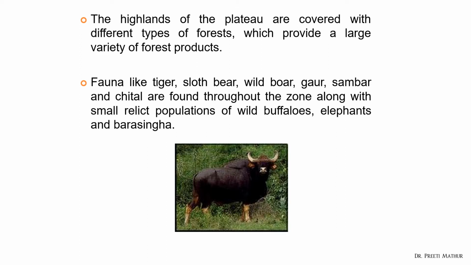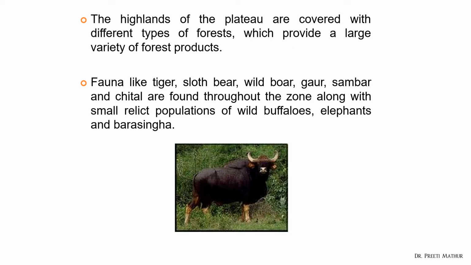Students, in this I am showing you an animal. You can see the picture, and this is the highlands of the plateau, which are covered with different types of forests, which provide a large variety of forest products.